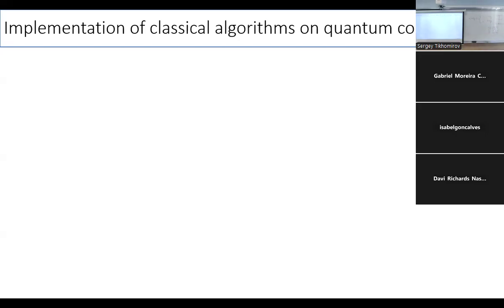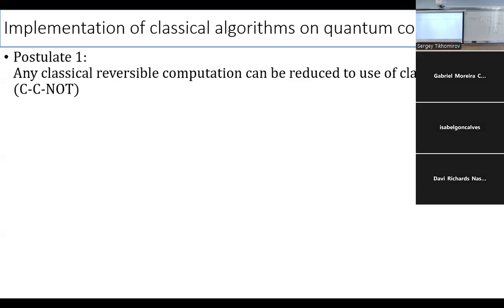Here I would make two postulates from the theory of classical computation. I will not prove them, so I suggest you believe me. Postulate 1: if we have a classical reversible computation, then it can be implemented using only controlled XOR, only this very special operation.